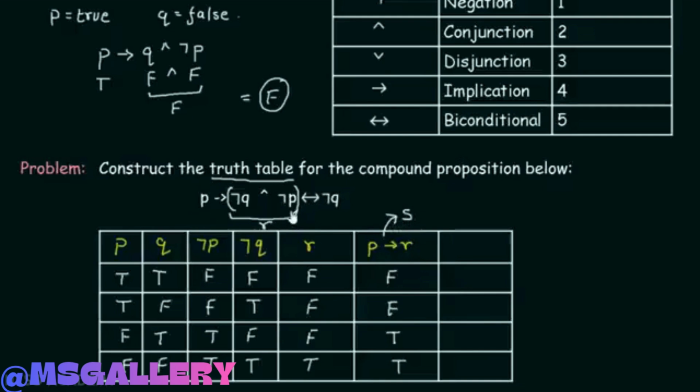Now this whole compound proposition from here to here is S. Now S is equivalent to not Q. Let's calculate that next. S equivalent to not Q. Let's calculate this particular compound proposition. False false means true. False true means false. True false means false. True true means true. So the final answer of this compound proposition would be true false false true.